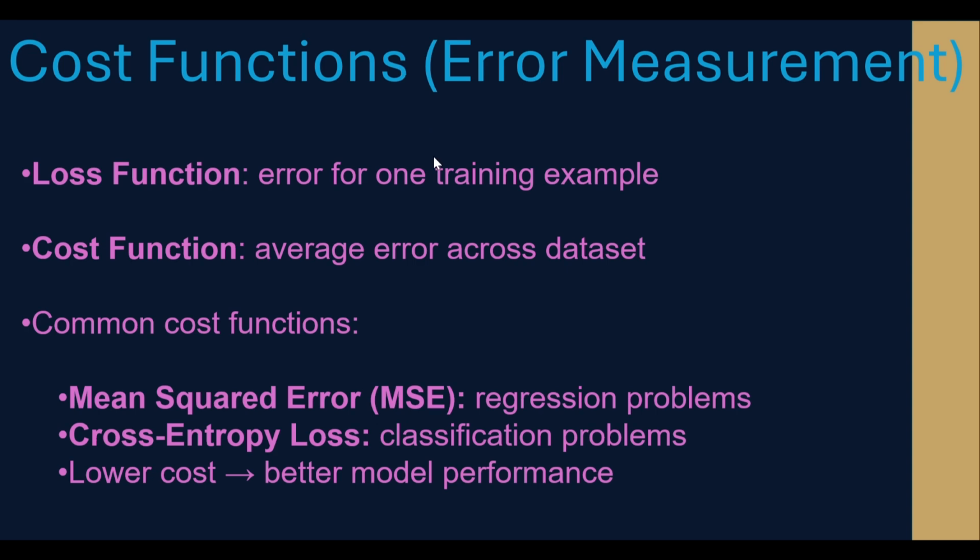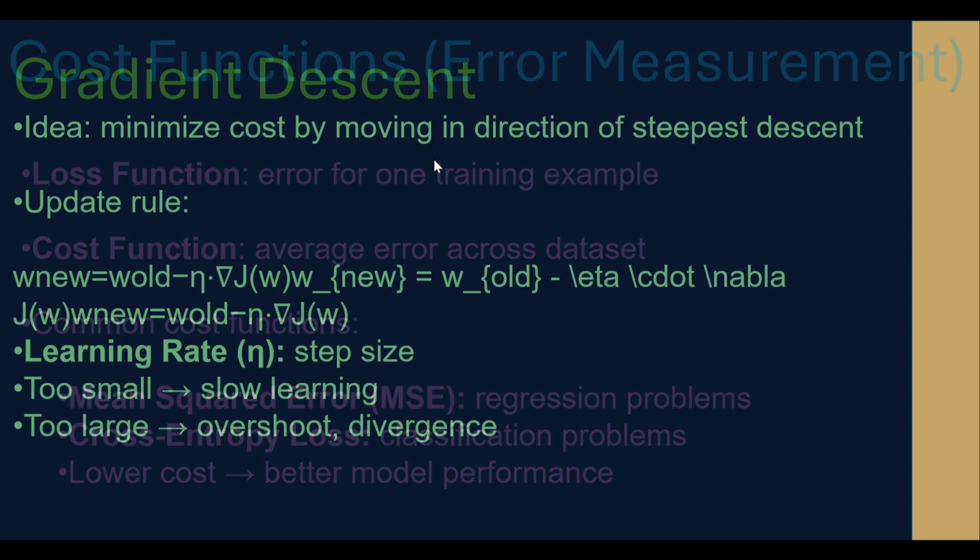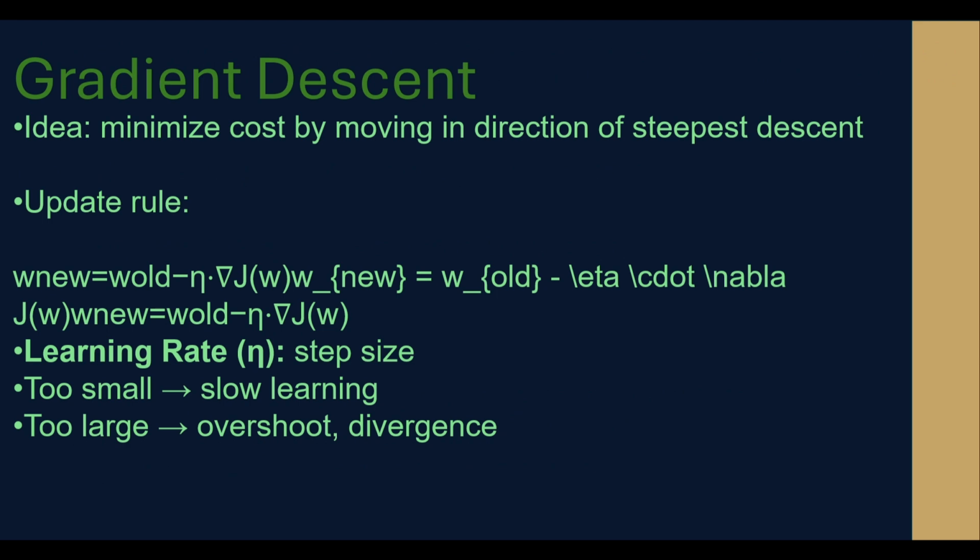Okay. So the next one is gradient descent. The idea is to minimize the cost by moving in the direction of steepest descent, so we are updating the parameters by a rule. Gradient descent is an optimization method.